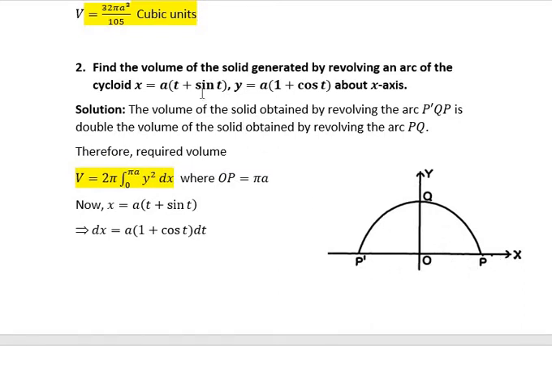Now, let us consider the given equation. x is equal to a into (t plus sin t), which implies dx is equal to a into (derivative of t is 1, plus derivative of sin t is cos t). Therefore, dx is equal to a(1 plus cos t) dt. Now, let us simplify this.